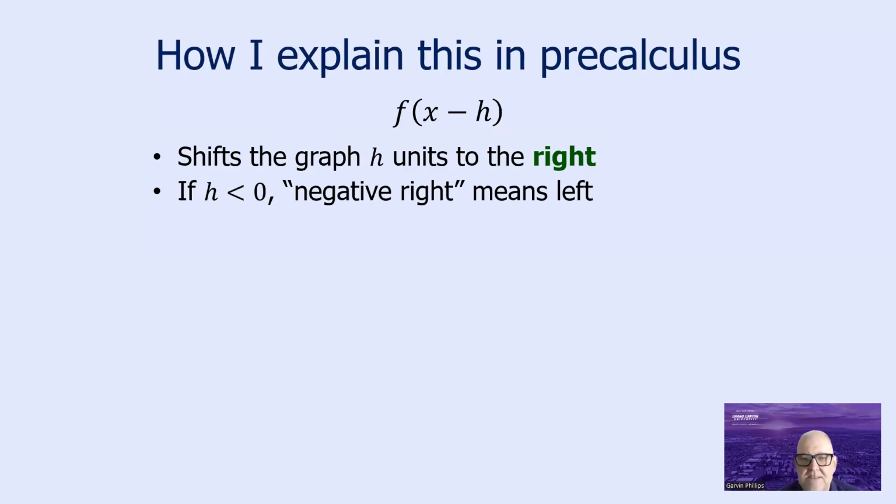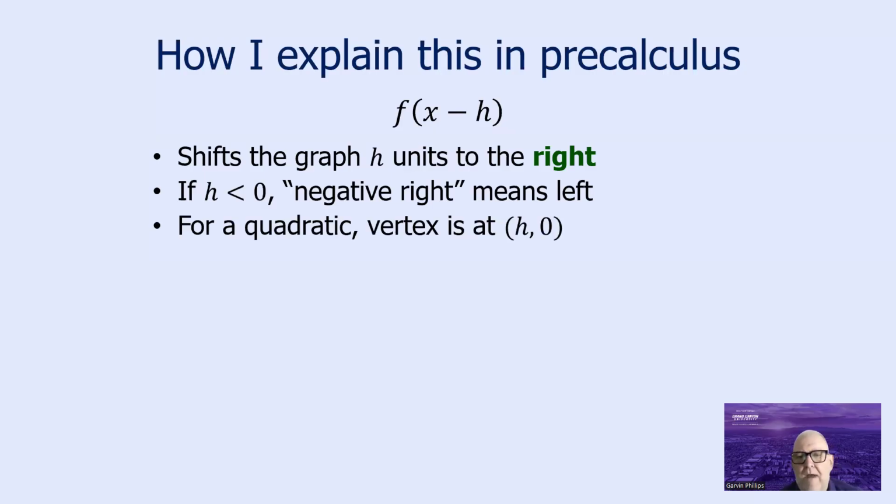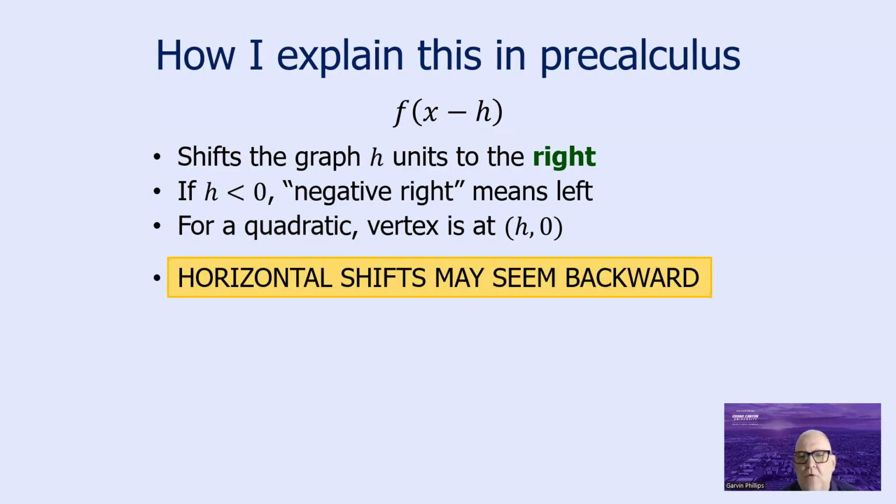If h is less than 0, meaning it's negative, then it's negative right, which means left. For a quadratic, the vertex is at h and 0. So horizontal shifts may seem backwards.